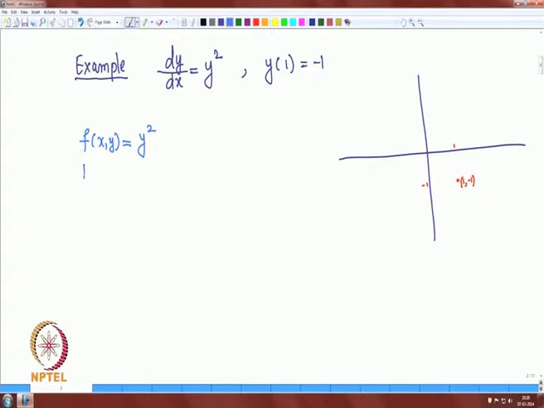So, let us define a rectangle R. R is given by the set of all x, y points in the x y plane such that |x minus 1| is less than or equal to a, and |y minus minus 1|, which is |y plus 1|, is less than or equal to b.